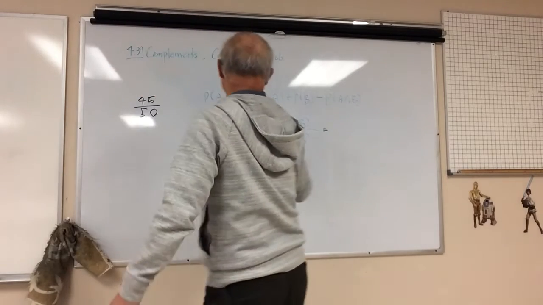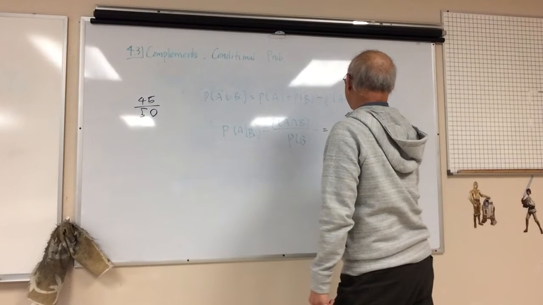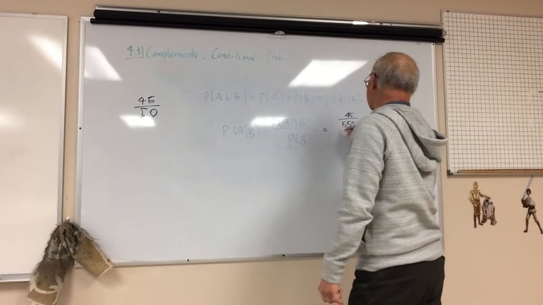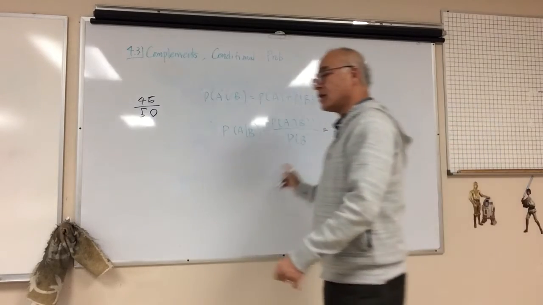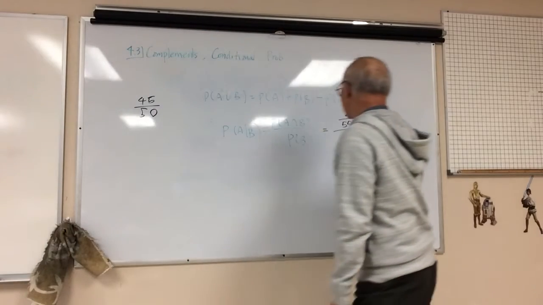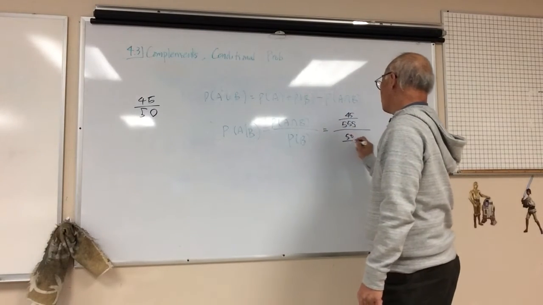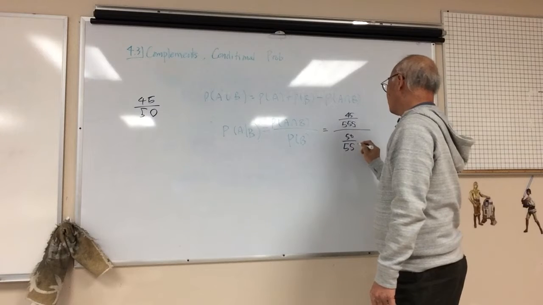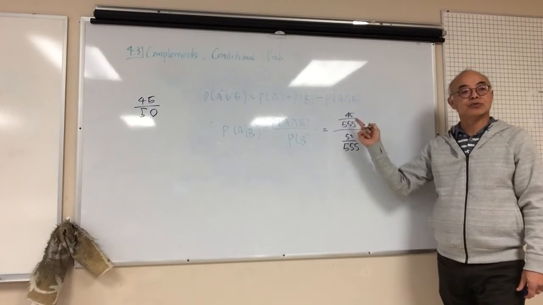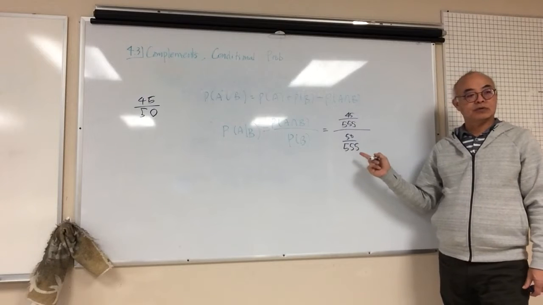So the top would be 45 over 555, correct? Whereas B is the probability that you use drugs. So what is that probability? 50 over 555. So in the strictest sense, this is how you would use the multiplication rule.